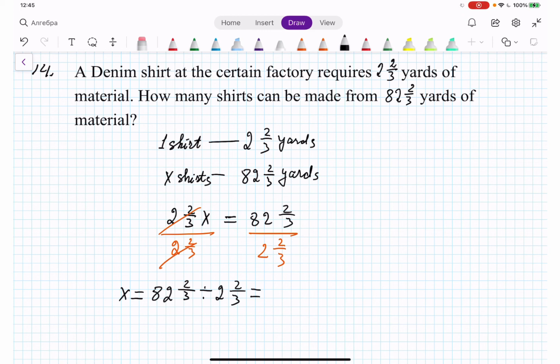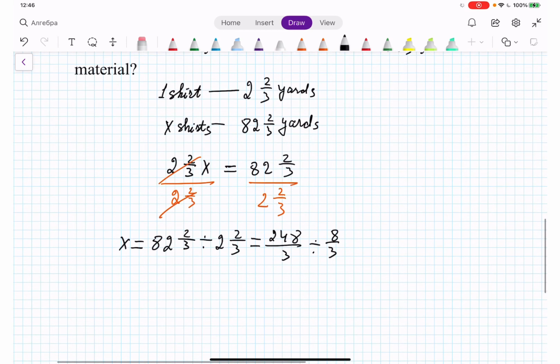So what do we have? 82 times 3 is 246, and plus 2, it's going to be 248 over 3, and divided by 2 times 3 is 6, plus 2, 8 over 3. This is equal 248 over 3 times 3 over 8, right?